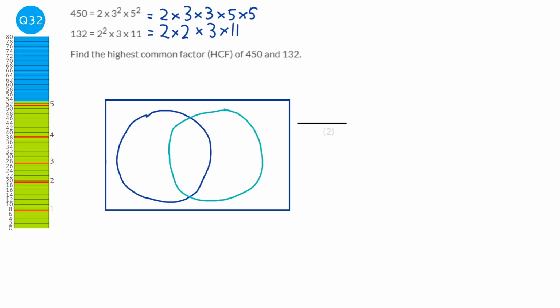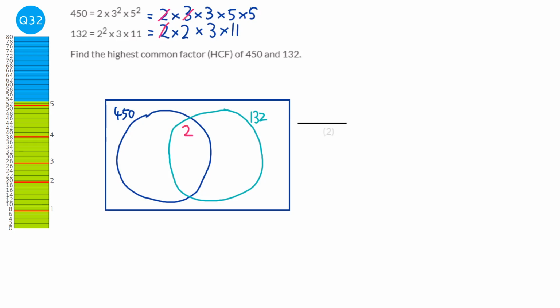Okay, so on the left hand side we have the 450, on the right hand side we have the 132. So we'll start with the 450 and the numbers. Looking at the prime factors at the top, we can see they both have a 2 in them, so I cross them both out and put 2 in the middle.